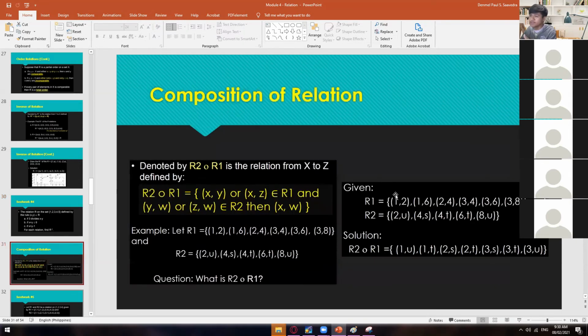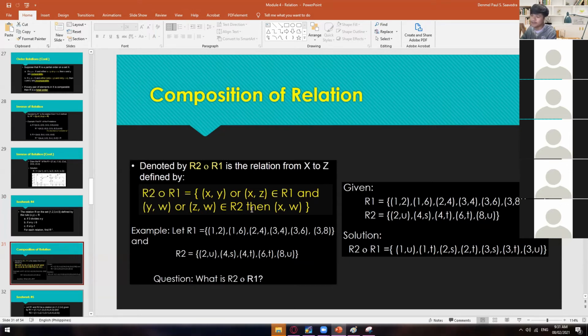So next one is composition of relation. We have here the symbol ∘ as the representation for composition. It is denoted by R2 ∘ R1, the relation from X to Z defined by this kind of formula. So in R2 ∘ R1, we have (x, y) or (x, z) as your element of R1, and then (y, w) or (z, w) as your element of R2.